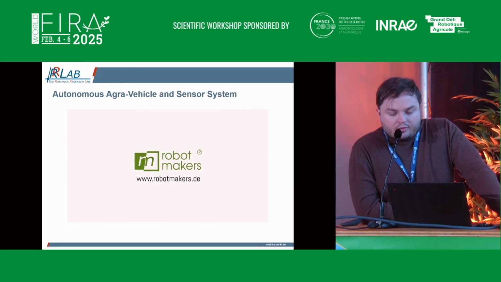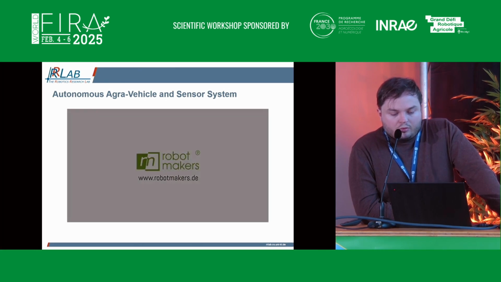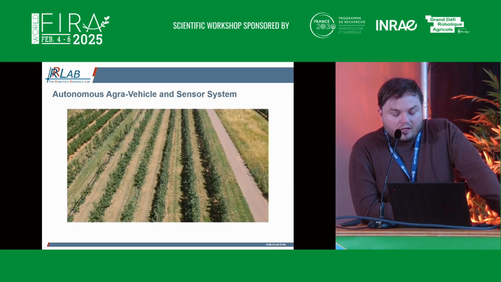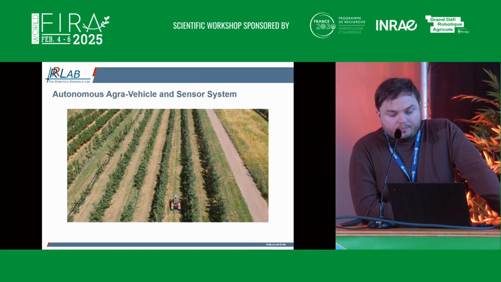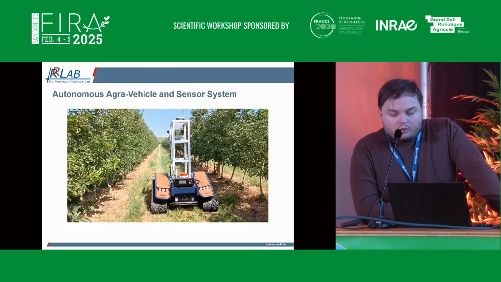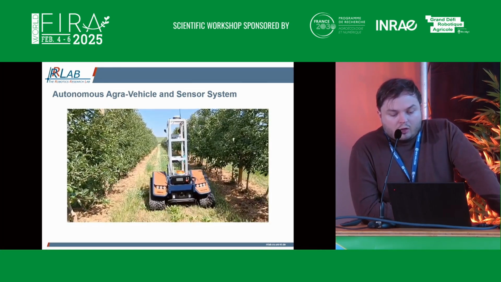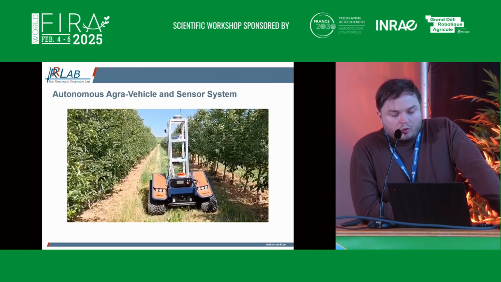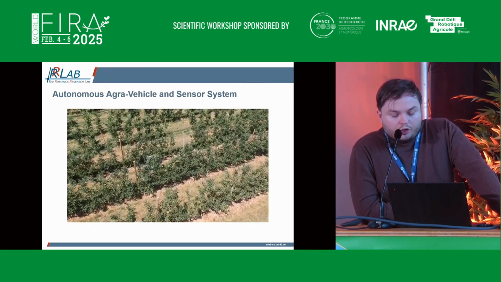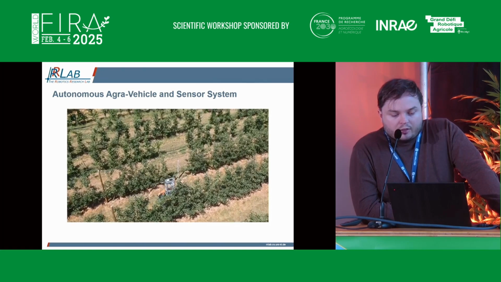Robot Makers are a company who made the robot itself, and we were here doing the sensor and AI applications. So this is a robot that will autonomously follow the rows in the orchards and perform data collection.